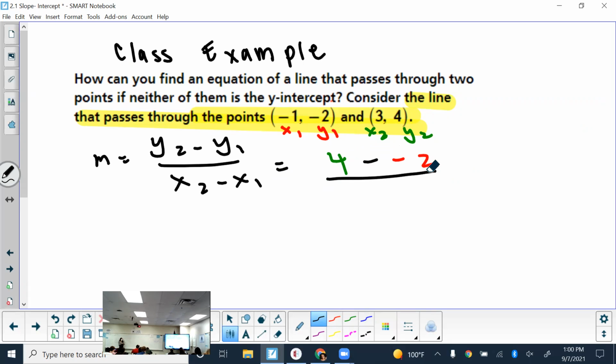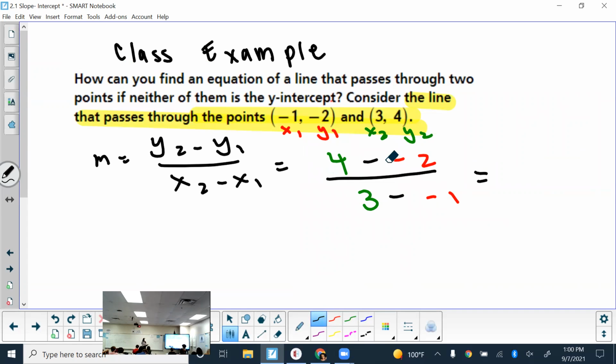Over x2, which is 3, the way that I have it labeled up here. And then x2 minus x1, which is -1. So you see how you plug it in exactly how it looks into the formula?